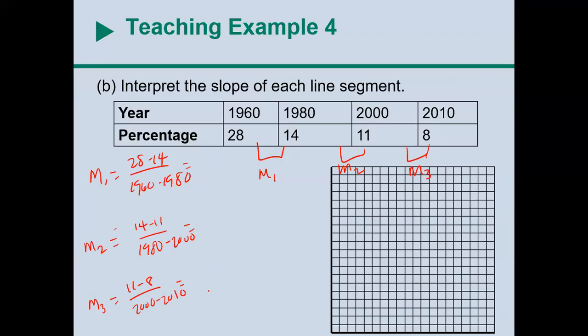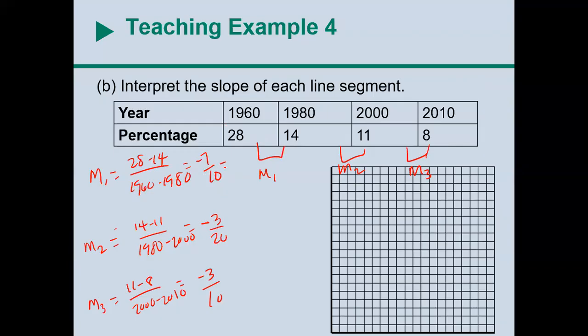All right, what'd y'all get? -7/10. -3/20. 3 over 10. You're declining. And it doesn't matter if the negative is in the numerator or in the denominator, the whole number is negative.